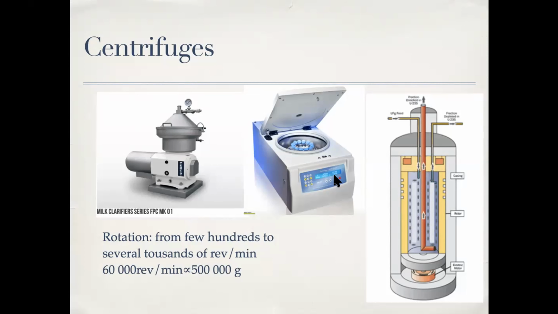And the reason why he needed the centrifuges, which were called ultracentrifuges, is that already in the 20s of the previous century, Svedberg was able to rotate his centrifuges at about 60,000 revs per minute, and that corresponds to a gravity force of the order of 500,000 times the acceleration of gravity.